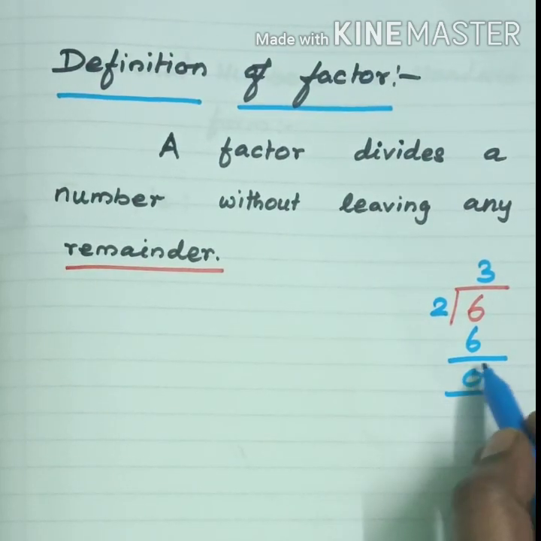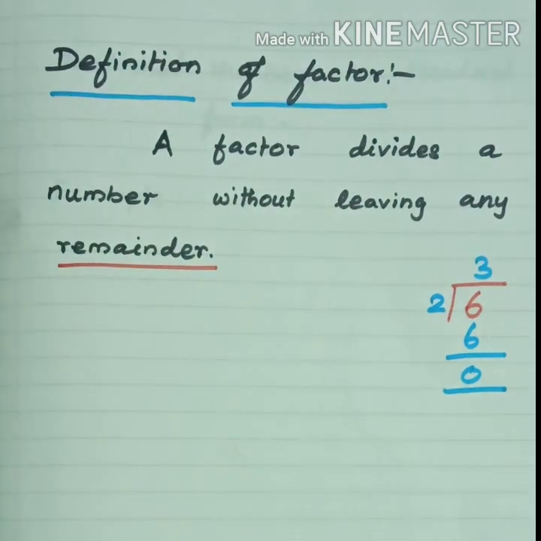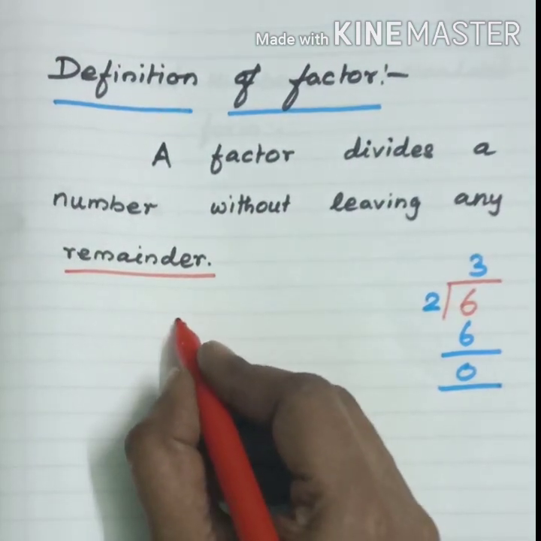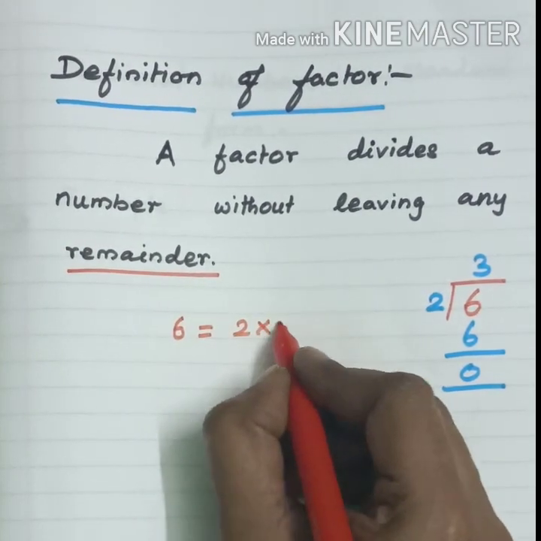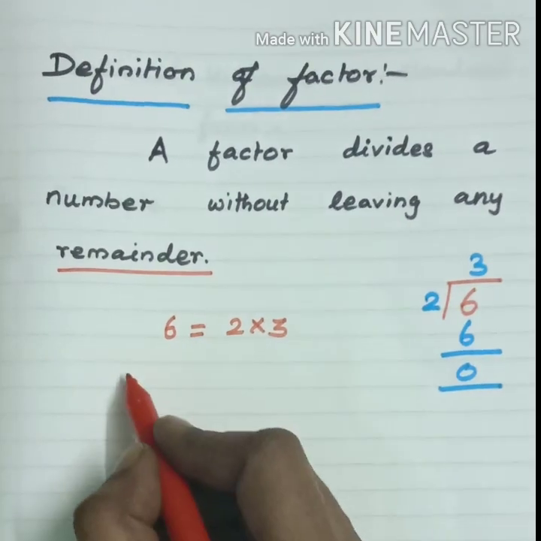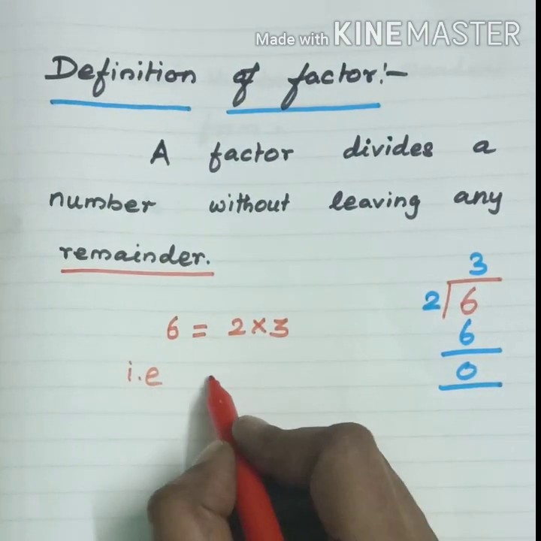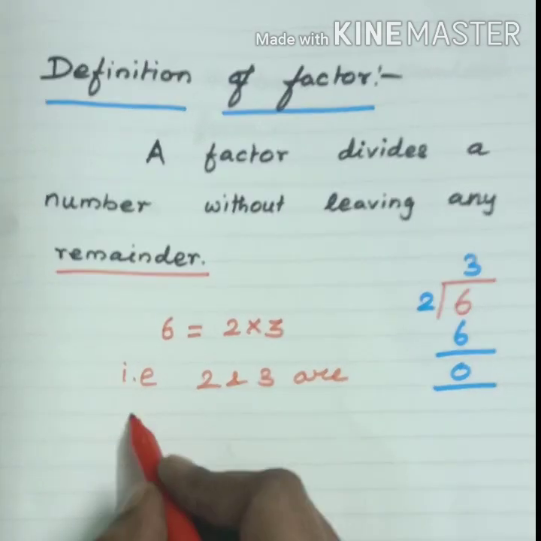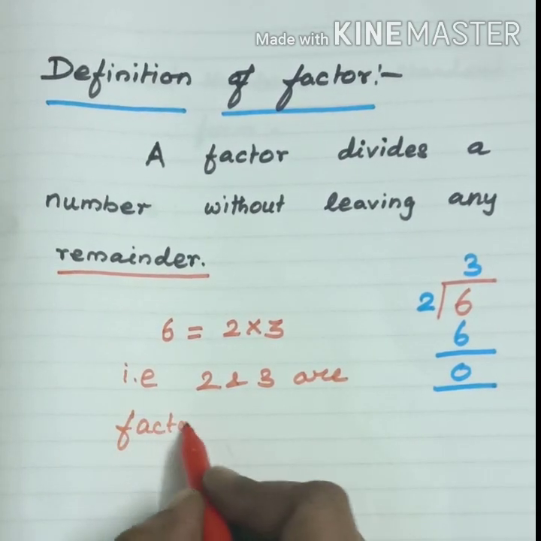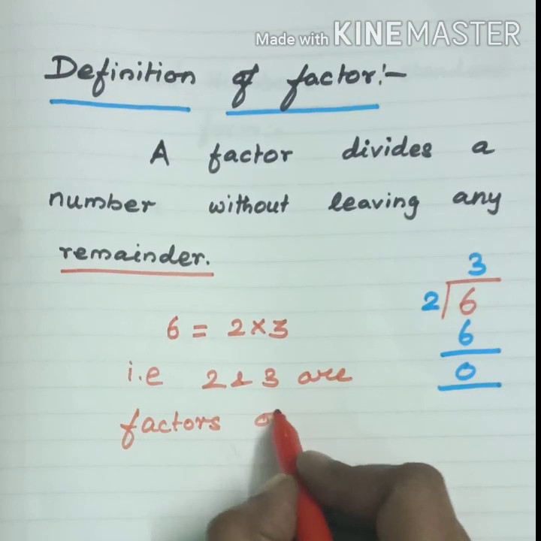There is no remainder. So, from this we can conclude that 6 is equal to 2 into 3. That is, 2 and 3 are factors of 6.